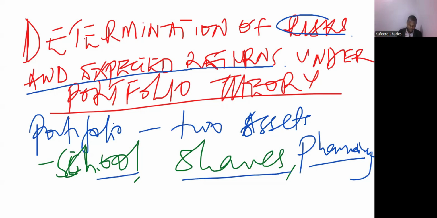So we are trying to compute the risk and return associated with each of these individual items.